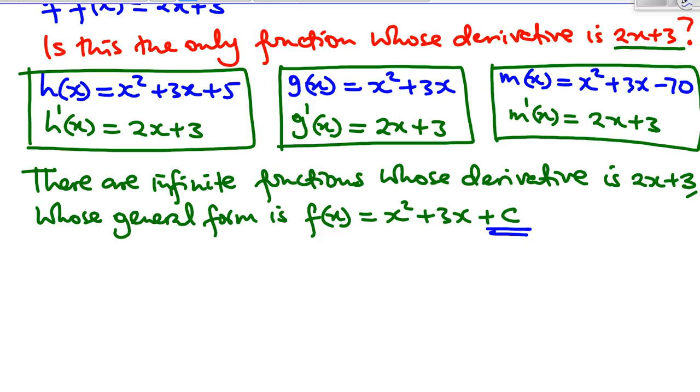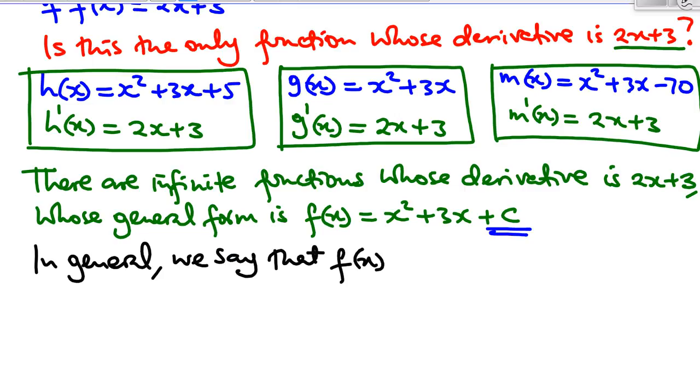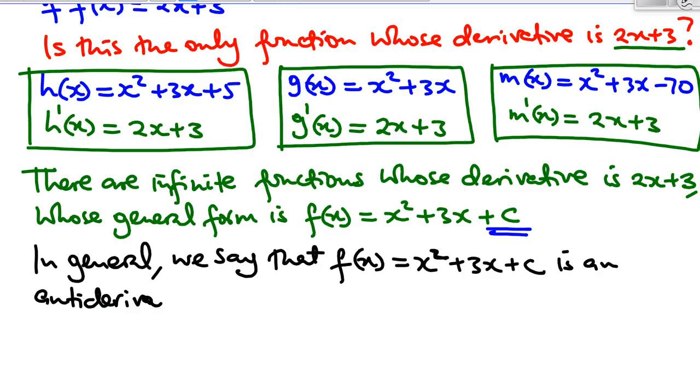So in general, it's very important, we say that f of x, which is equal to x squared plus 3x plus c, and this is for this particular case, is an antiderivative of f dash x, which is 2x plus 3.